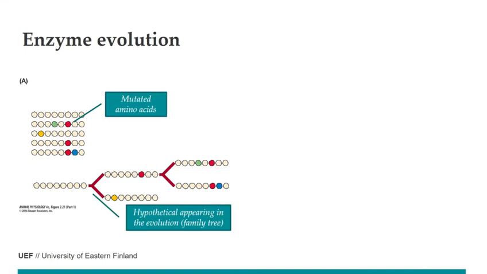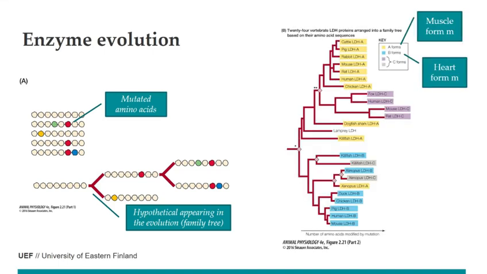hypothetical appearing in the evolution to see that in one animal there is this yellow amino acid, but in the other ones there is not. But in these two animals there is this red mutation and etc. And this way we can then compare the whole sequence of practically all the animals.